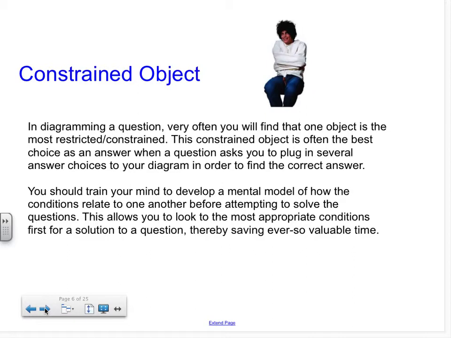This constraint object is often the best choice as an answer when a question asks you to plug in several answer choices to your diagram in order to find the correct answer. You should train your mind to develop a mental model of how the conditions relate to one another before attempting to solve the questions. This allows you to look to the most appropriate conditions first for a solution to a question, thereby saving ever so valuable time.